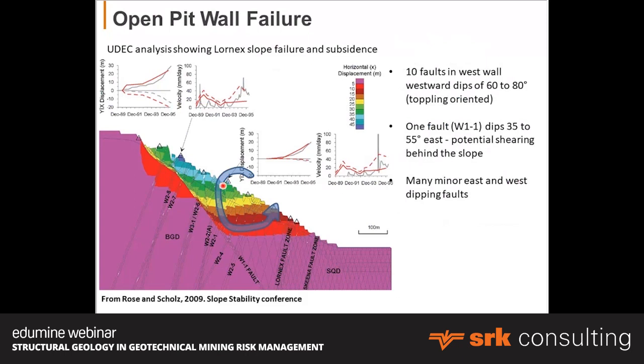As you can see, the segmented blocks to the high wall side are rising up compared to the parts lower down, and you're getting basically a circular rotation process which is known as toppling failure. This is quite common in large, complex faulted slopes.